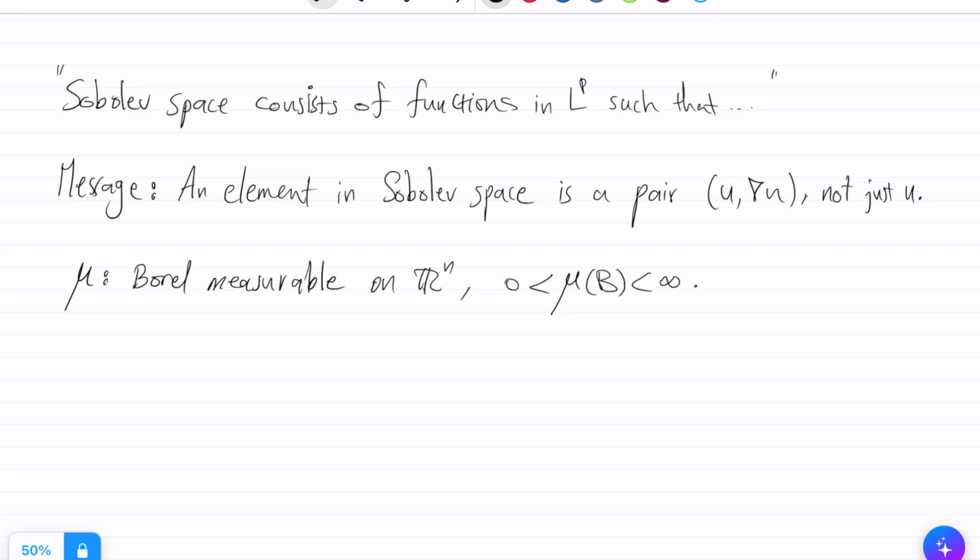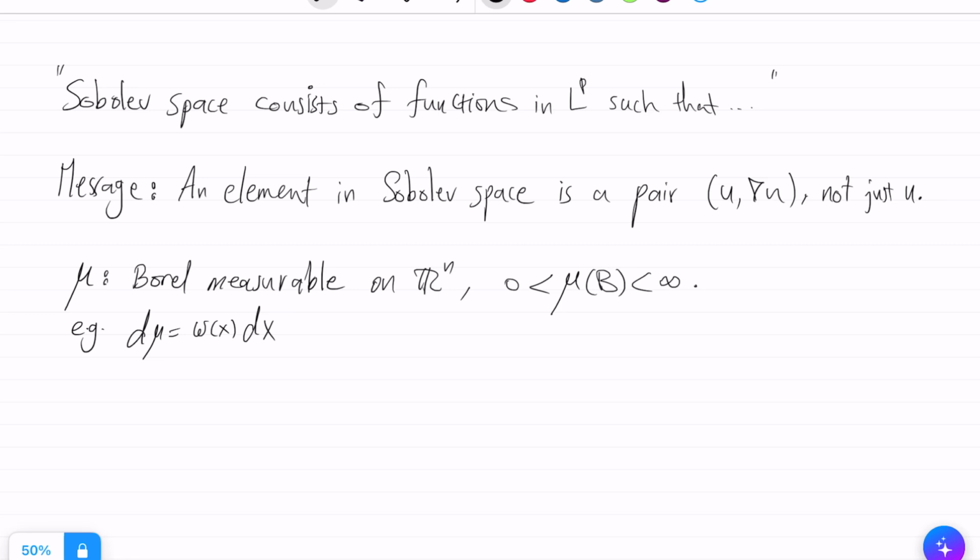Also, if you want, you can assume that this μ is absolutely continuous with respect to Lebesgue measure, so that it actually comes from a weight. So a non-negative real valued, almost everywhere finite function integrated against the Lebesgue measure. So if you want, you can assume that, optional.